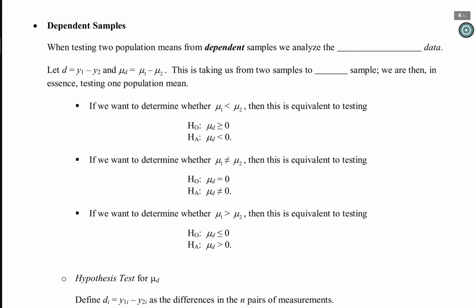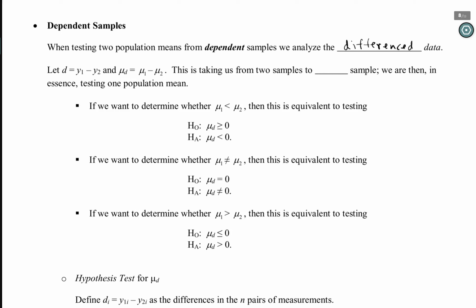When testing two populations from dependent samples, we actually analyze, I just said this, the differenced data. We let D be y1 minus y2, and mu sub D is the difference of the two population means.